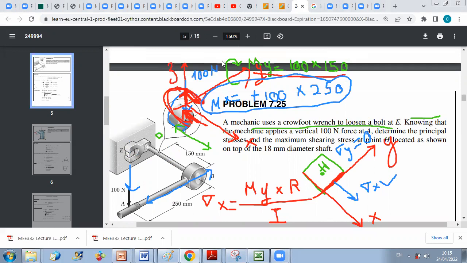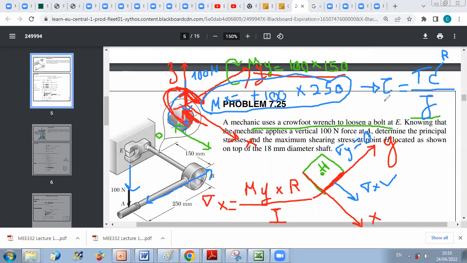And the value of this shear stress is computed from tau equal to the torsional moment times c, which is here the radius, because it's a distance from the center to the point of concern, over the polar moment of inertia J for this section. This knowledge is from previous chapters, from chapter 3.